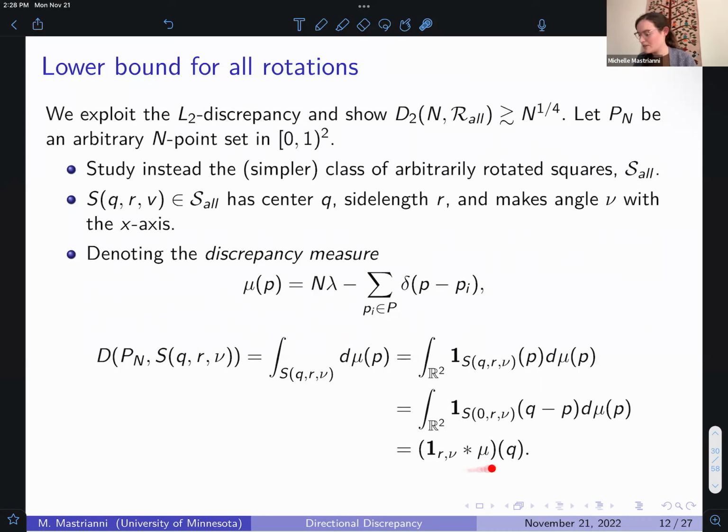And essentially you get this convolution between this indicator function, which is a shorthand for the square that's centered at the origin with side length r and making angle nu with the x-axis, and then this is the discrepancy measure. And the argument now is q, the center.